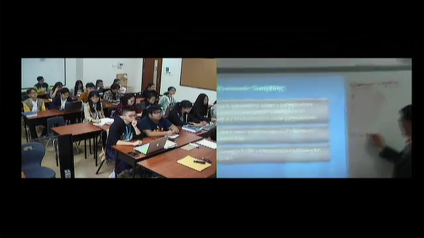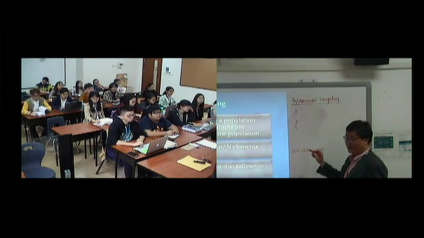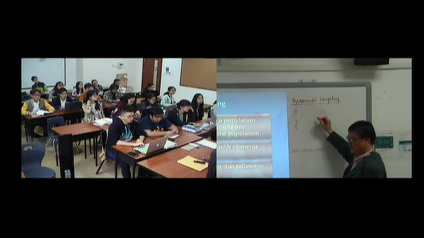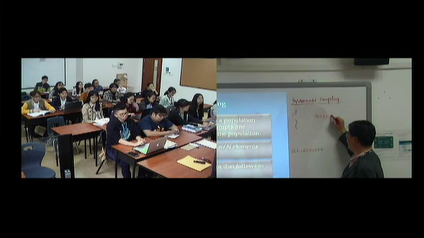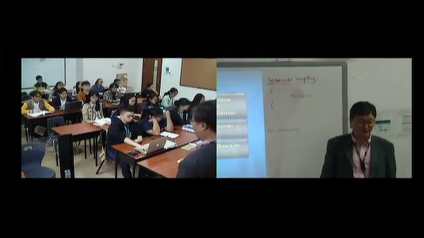Let me give you an example. I have 100 million data points, a big number. However, I want to choose only 1,000 samples out of the population of 100 million.